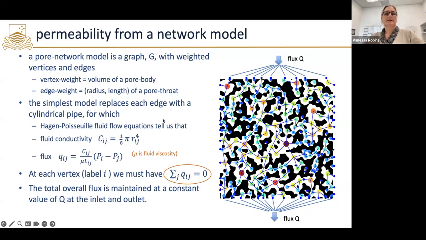And then the length is taken to be, like I said, the distance between the centers of the pores. So it's a really, really crude physical model. But basically in the rest of this study, we just kind of ignore the vertex weights. We're only worried about the edge weights. Thanks.